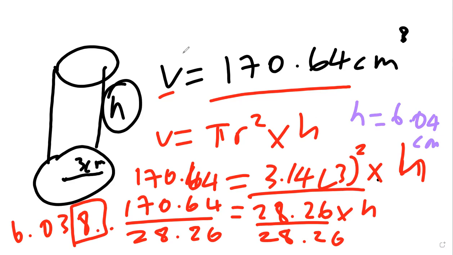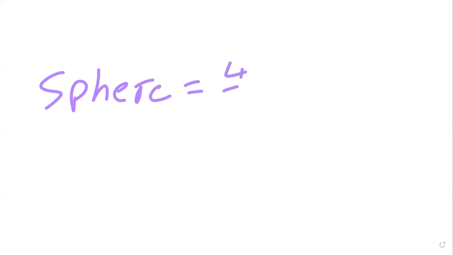Let's say we want to find the volume of a sphere. Now remember, the volume of a sphere is 4 divided by 3 times pi times r raised to the 3rd power.